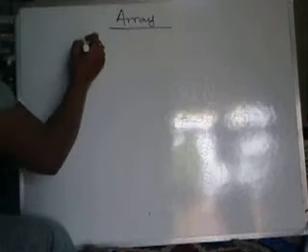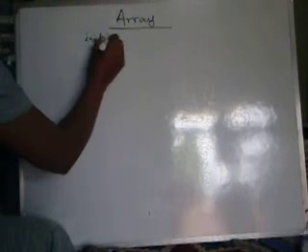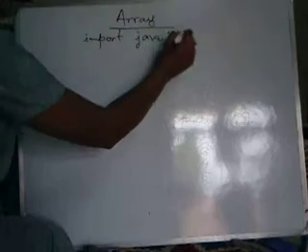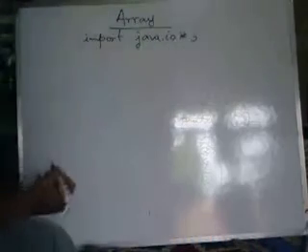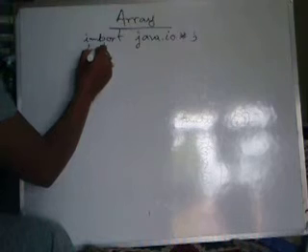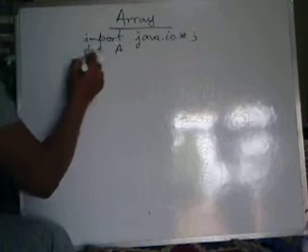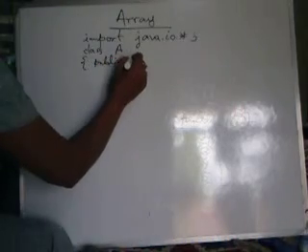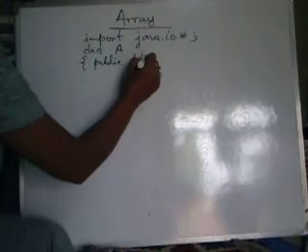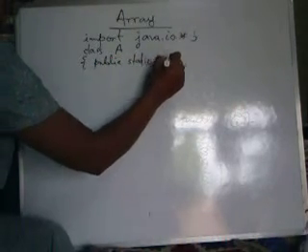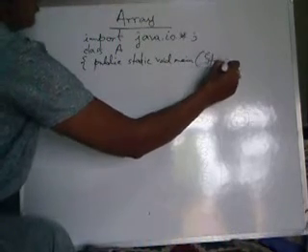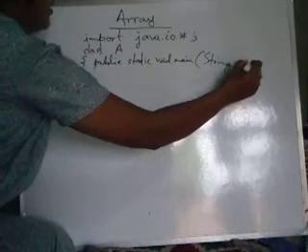Now to take input within an empty array, first of all we have to write import java.io.* at the beginning of the program. Then we will write class A, within that public static void main, then String args.